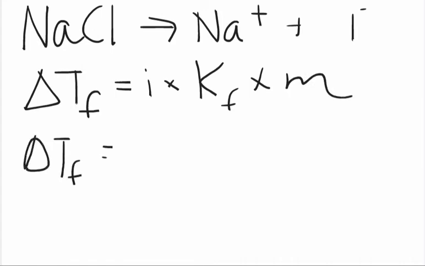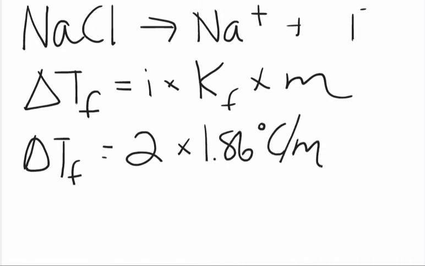So for NaCl, every NaCl particle produces 2 ions. We're still talking about our solvent as water, so the freezing point constant for water is 1.86 degrees Celsius per molal. And let's say we have a 0.200 molal solution of NaCl.